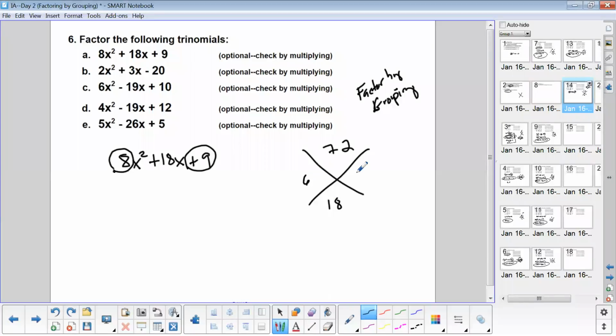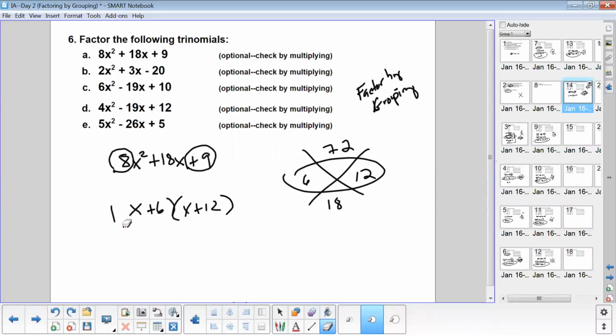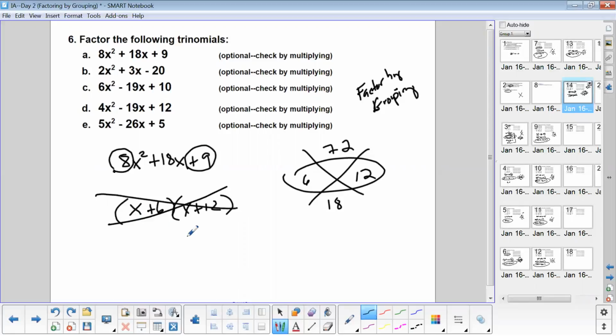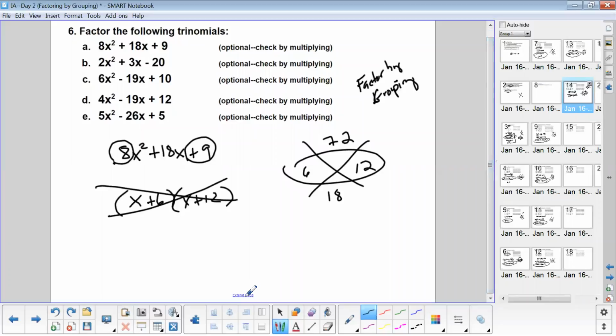So 6 and 12 both multiply to 72 and add to 18. So since I've found these, I cannot just write x plus 6 and x plus 12. Okay, I'm writing that down to say that is something I cannot do because A is not 1.